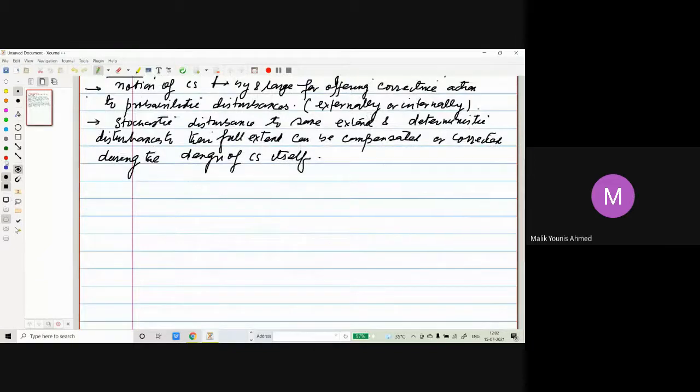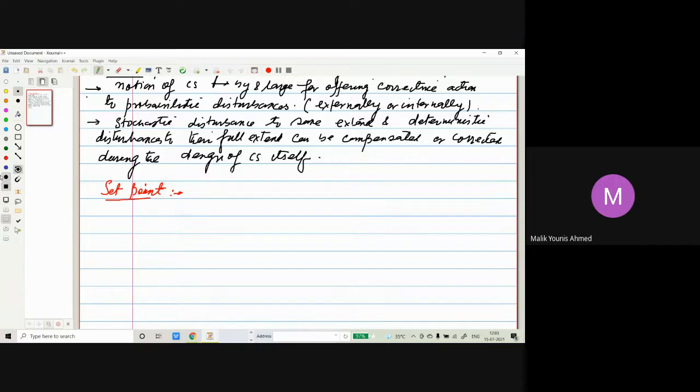Now next is set point. Now, what is a set point? Set point is basically a prescribed, that is a specified input value applied to the loop that indicates the desired condition of the control variable.